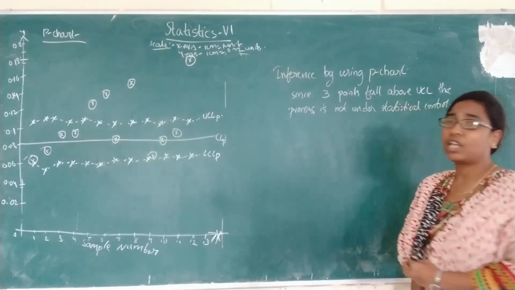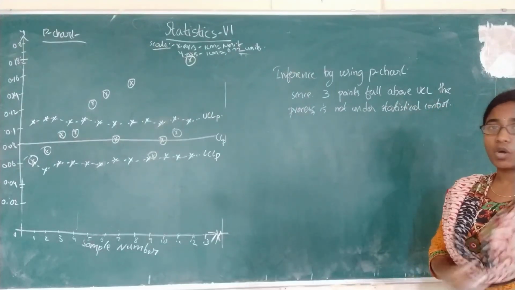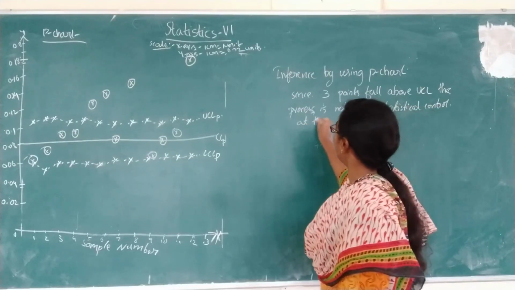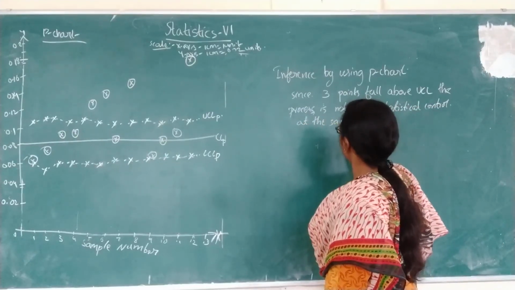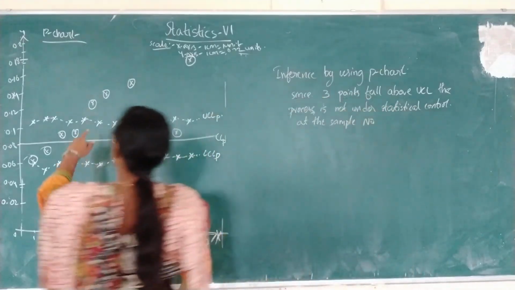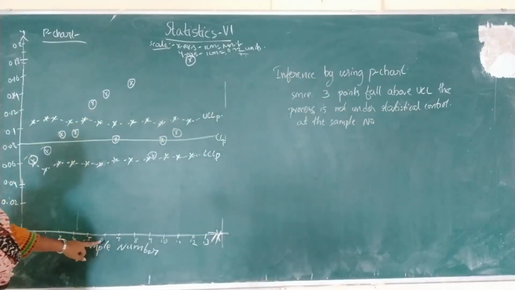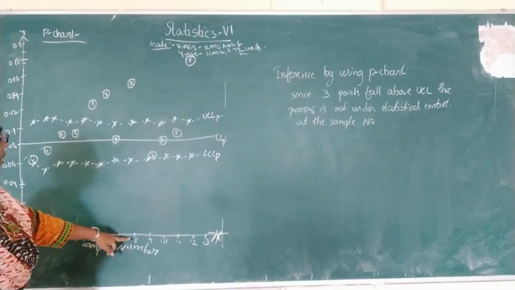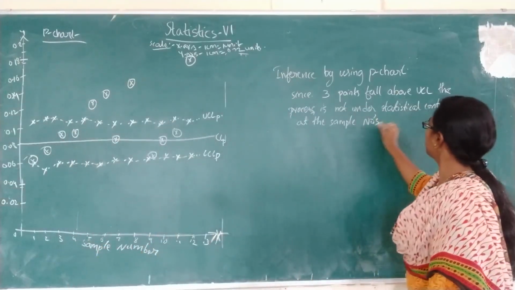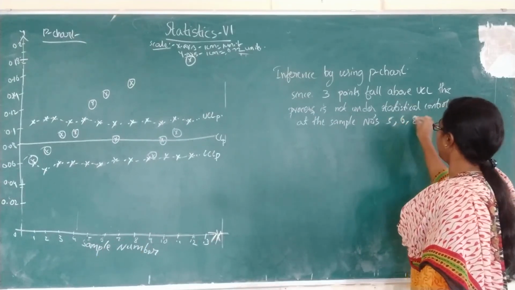So here 3 points are above UCL, since the process is not under control. At which sample numbers did we get the points above UCL? Sample numbers 5, 6 and 8.